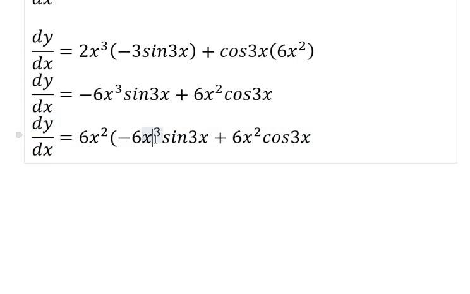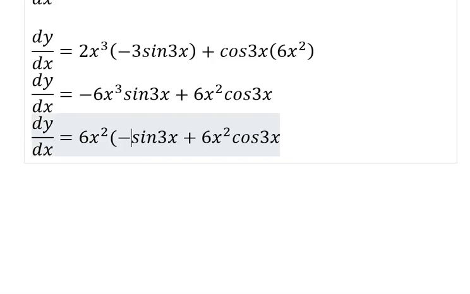So 6x squared has gone out. You'll be left with a minus x, because if you open up this, you still have the x cubed minus x and 3x. You'll be left with cos 3x. Beautiful. So you can leave your answer like this or like this.